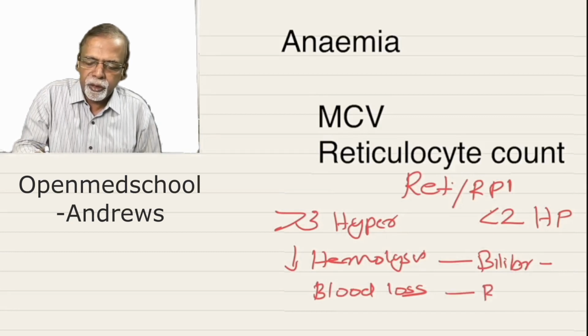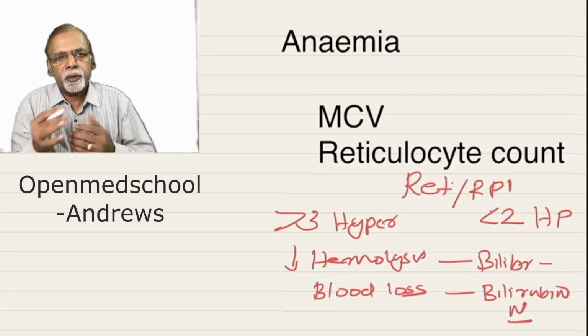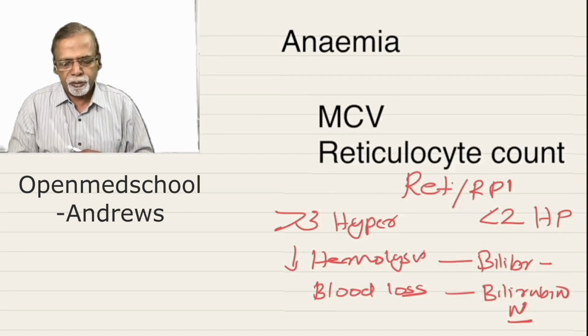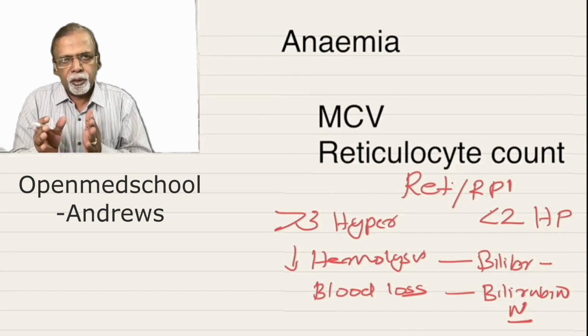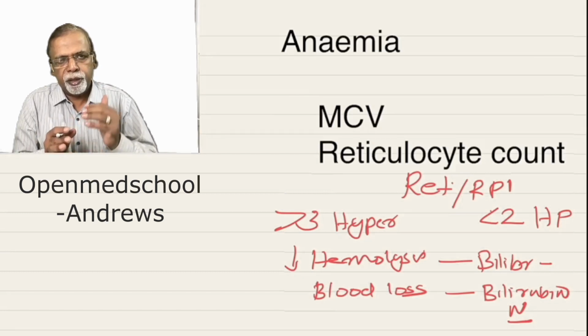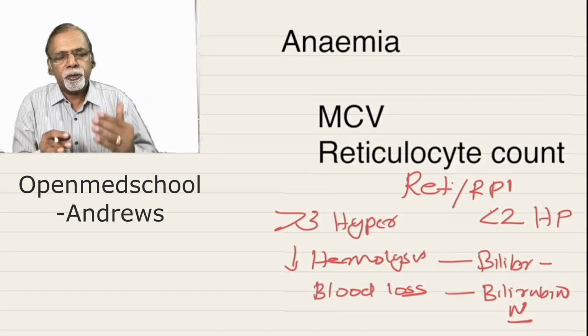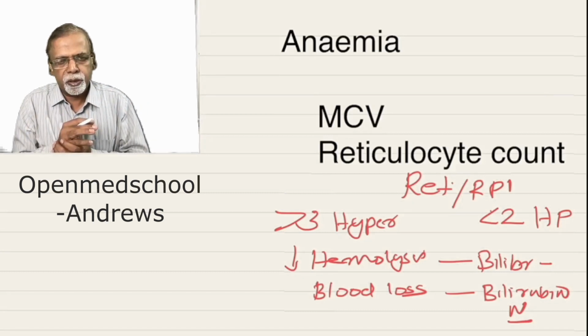If the bilirubin is normal, it is more likely to be blood loss. And also you can take the history, whether there is a history of blood loss. So this is how you look into the patient depending upon the reticulocyte count. If the retic count is high, you go for serum bilirubin. And clinical examination is also important.